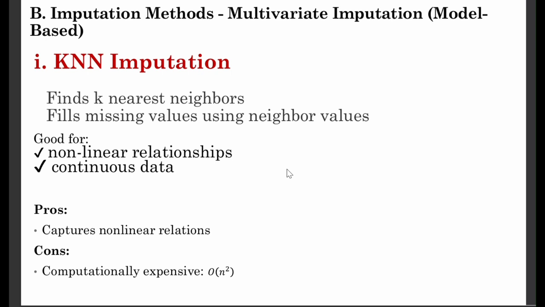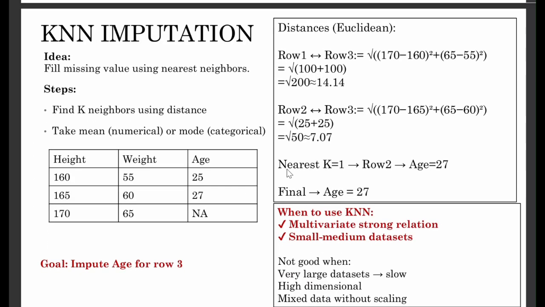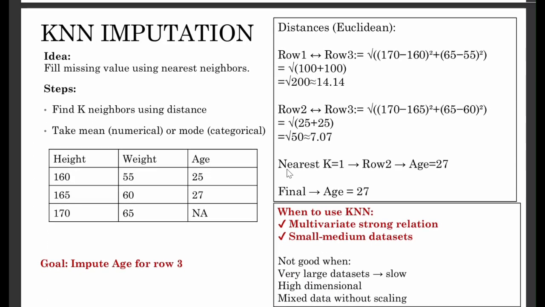Here's how it works step by step. Step 1. Compute distances from the row with the missing value to all the other rows. We typically use Euclidean distance, the straight line distance in multi-dimensional space. Step 2.